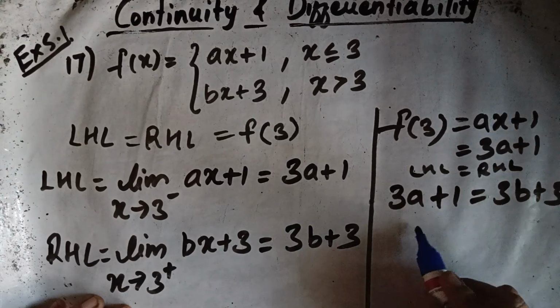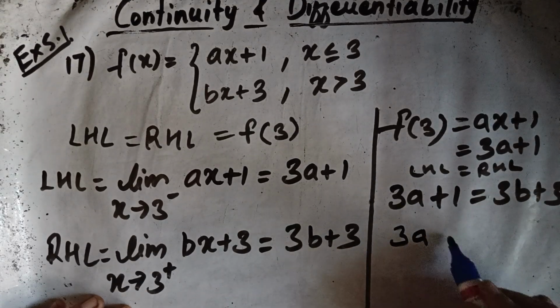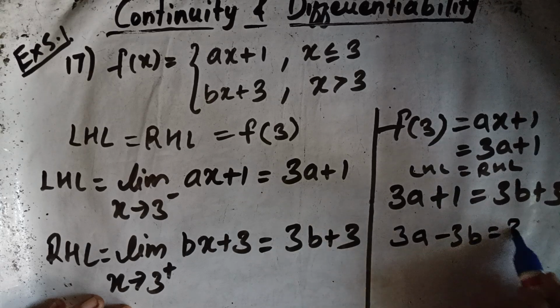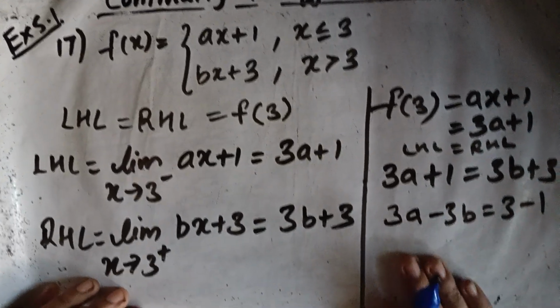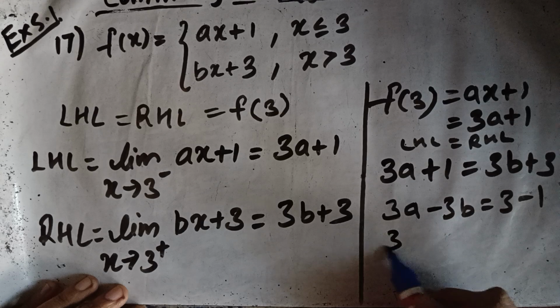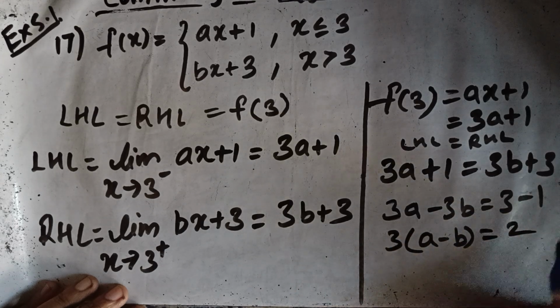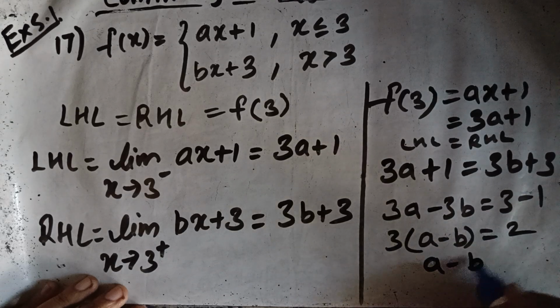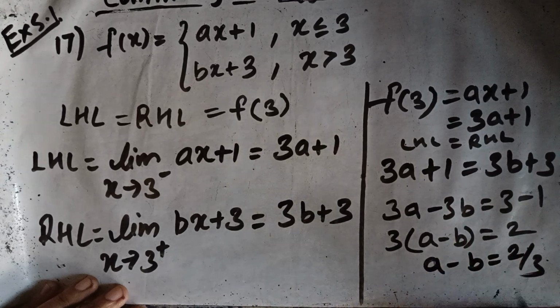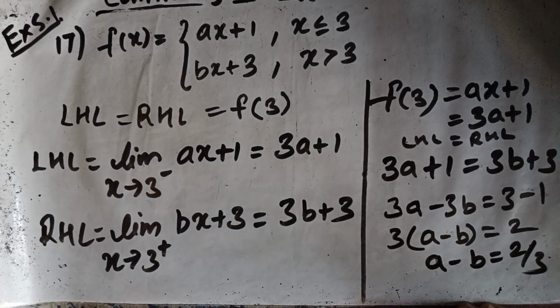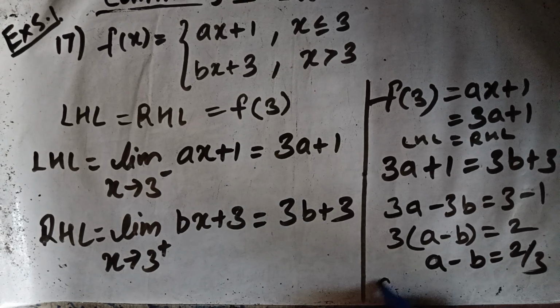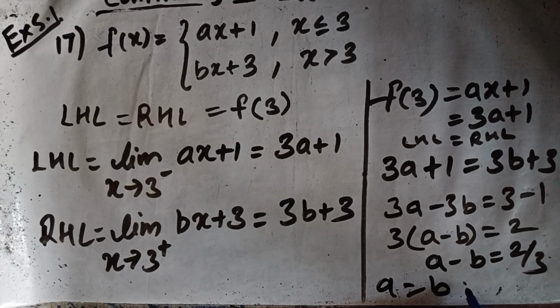Then this is 3a minus 3b equal to 3 minus 1. So this is 3, you can take common. A minus b is equal to 2 by 3. So a minus b is 2 by 3, or a is equal to b plus 2 by 3.